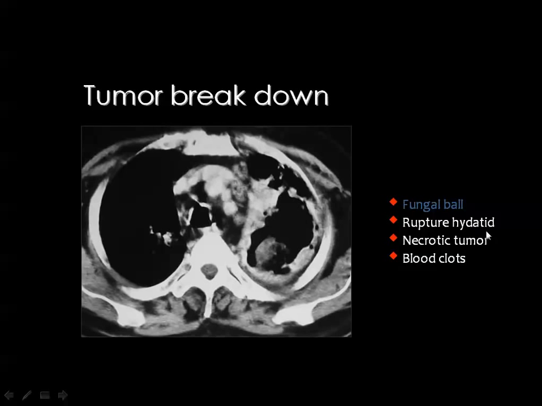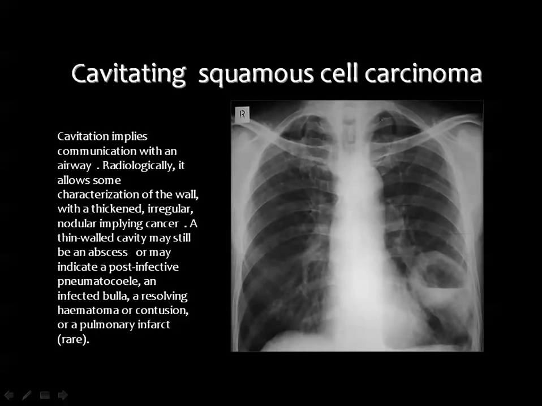And the hydatid cyst may rupture in two ways. The slow rupture will result in collapse of the endocyst into the original cavity, forming a ball, and this is rarely seen in clinical practice. But acute rupture will result in an air fluid level which is wavy in appearance.